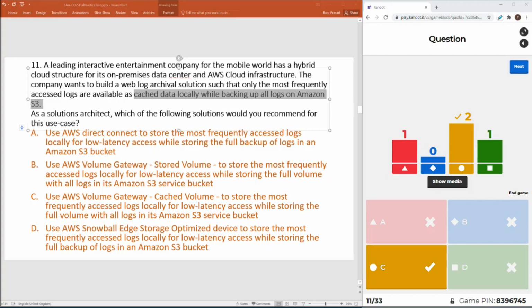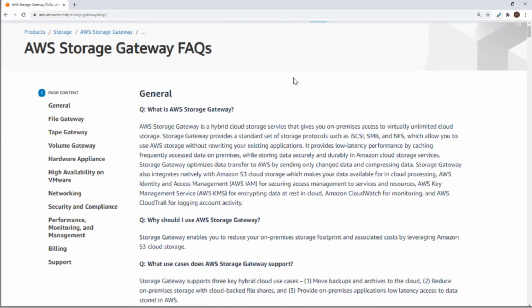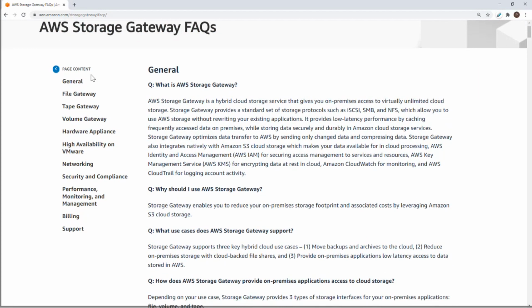Let me probably show you that in a documentation way. That is much better, I believe. So if we go to the Storage Gateway FAQs, then you would see that there are multiple types: file gateway, tape gateway, volume gateway. So there are three types of it.